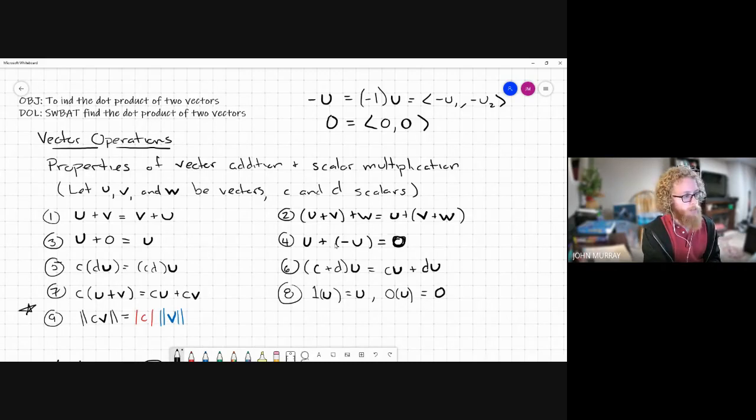Now this one is new and a little different. If you are asked to find the magnitude of a scalar times a vector, you're going to find the magnitude of the vector like we normally do, but now you're going to multiply that by the absolute value of the scalar.